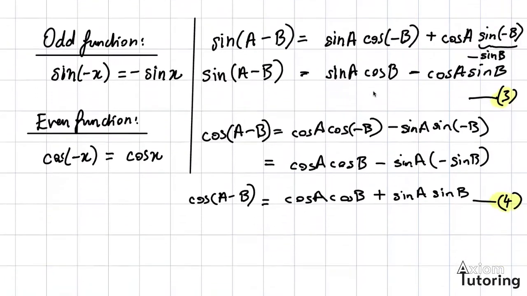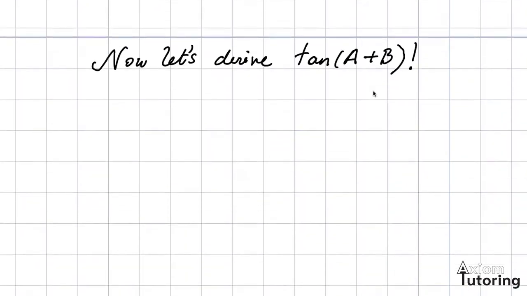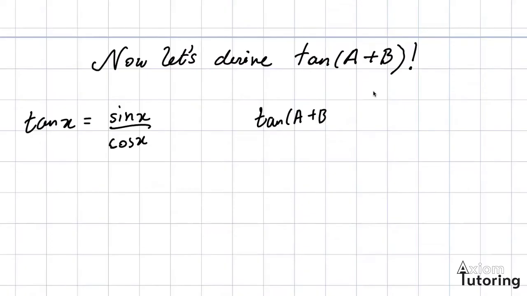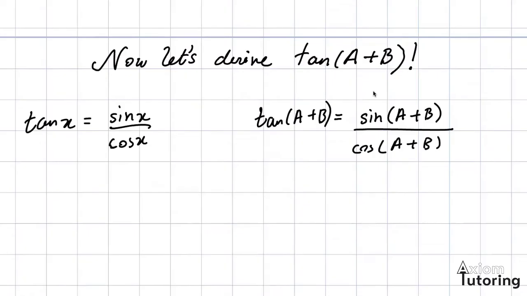Okay. So now let's derive tan of a plus b. Recall from the previous video that tan of x, or tan theta, is equal to sine of x over cos of x. So then tan of a plus b can just be written as sine of a plus b over cos of a plus b.